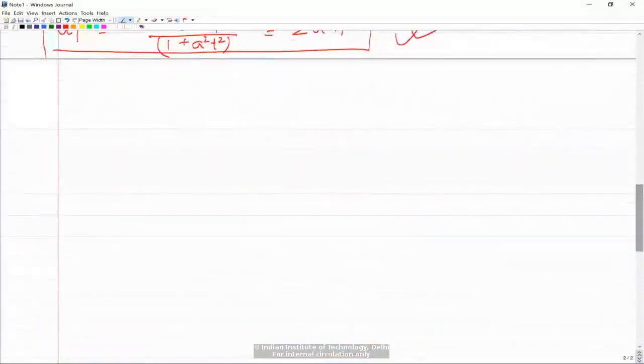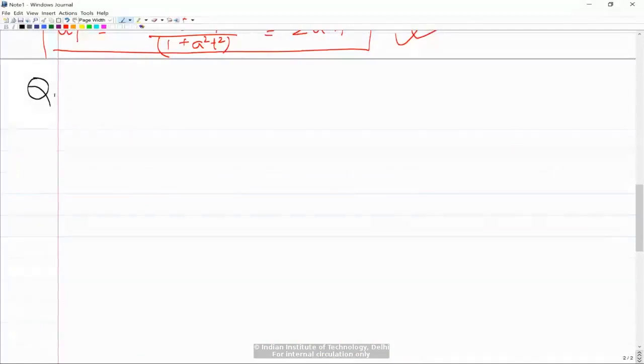So let's move to another example. The next example is more related to solid mechanics, I would say, which is useful for everybody.